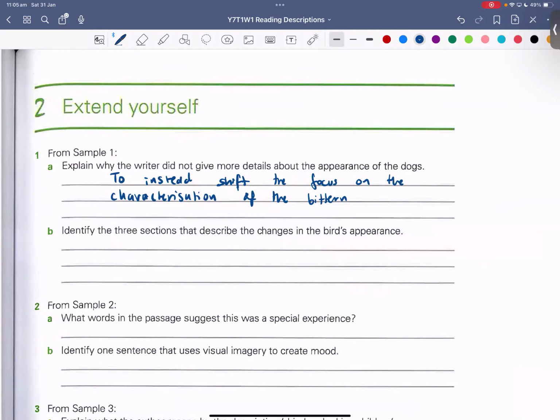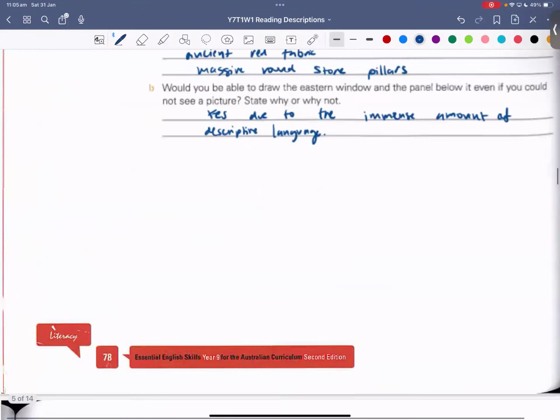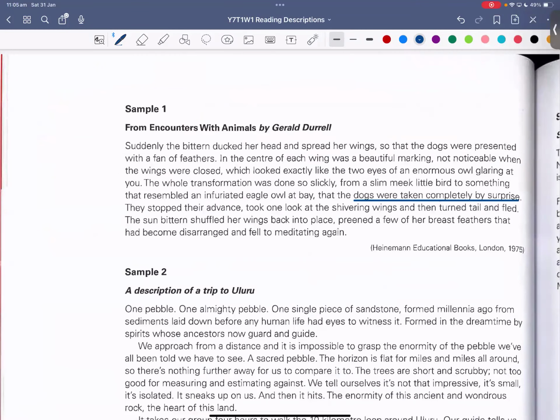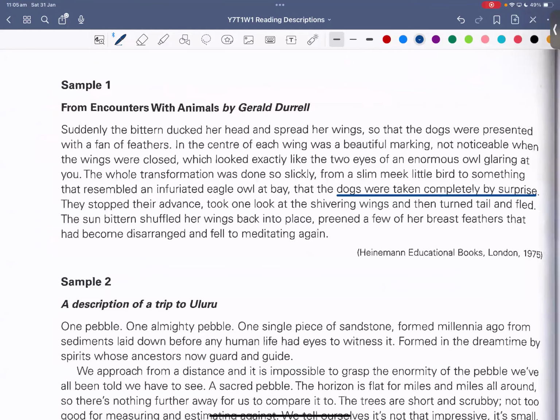Identify three sections that describe the changes in the bird's appearance, which is the bittern. So three phrases that show the bird's appearance is changing. Yeah? "The little bird too that resembled the infuriated eagle owl at bay." And what is changing here? Before it was a little bird, but now something.